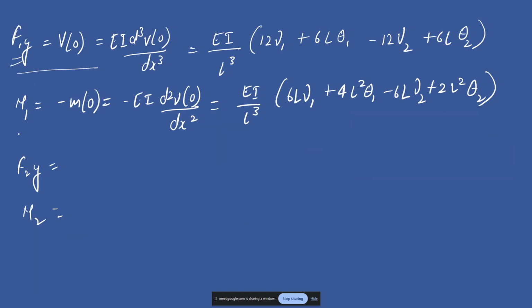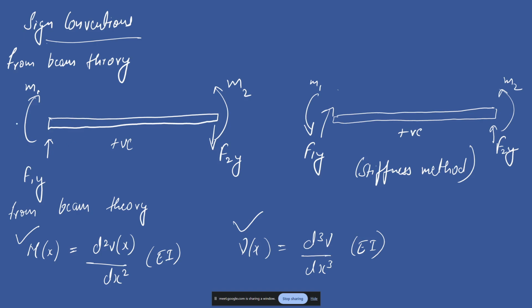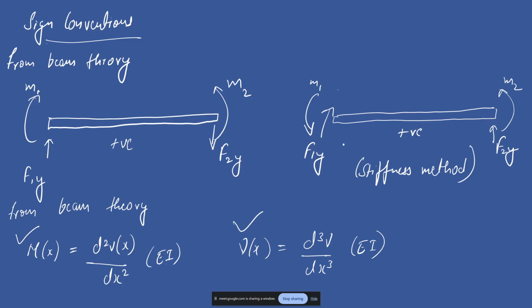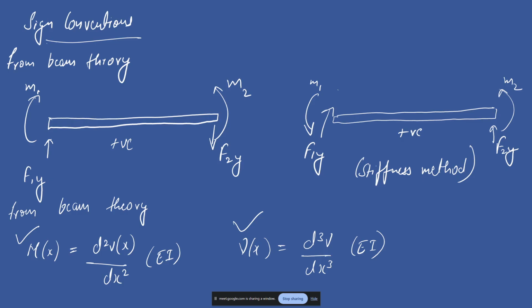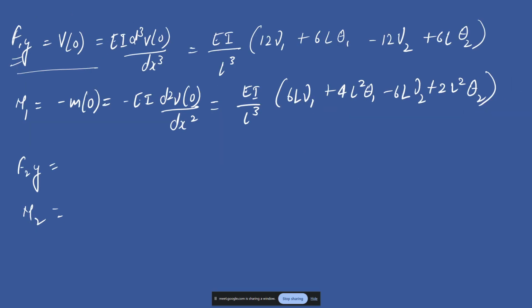Then here you have M1. Your M1 looks like this, but in the stiffness matrix which we are going to formulate, M1 is considered in this particular direction, so definitely we need to take the negative of the second derivative of the displacement. Then your F2y looks like this, and then your moment looks like this.